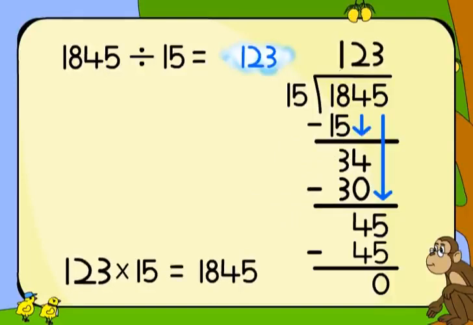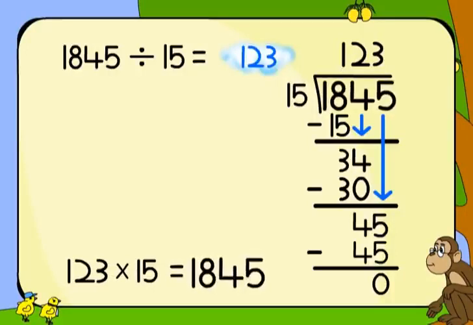One hundred and 23 into 15 is equal to 1845.